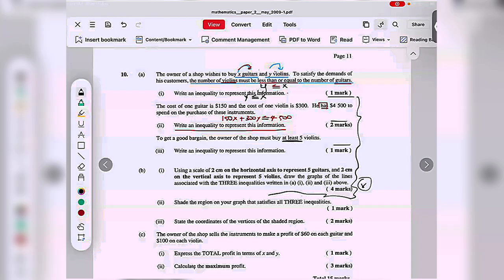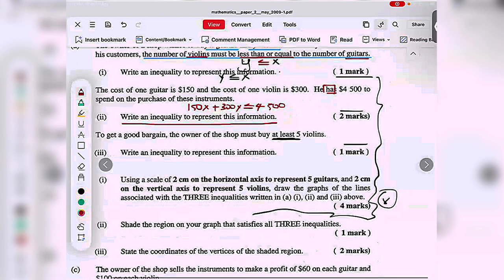So the keyword is at least. What sign is affiliated with at least? Greater than or equal to. So at least means you can't buy less than that. That's the least amount you can buy. And which letter represents violin? Y. So tell me what you're going to write down now.